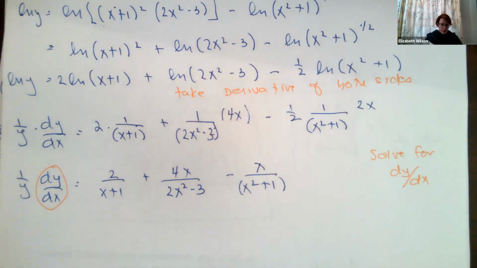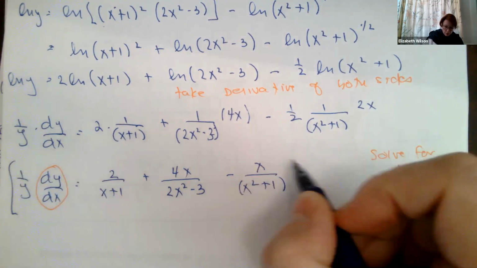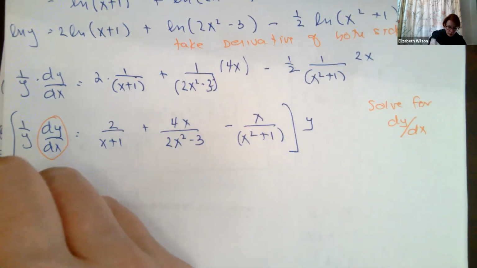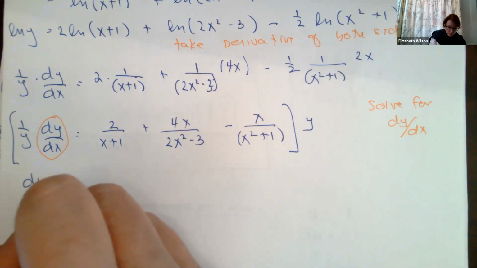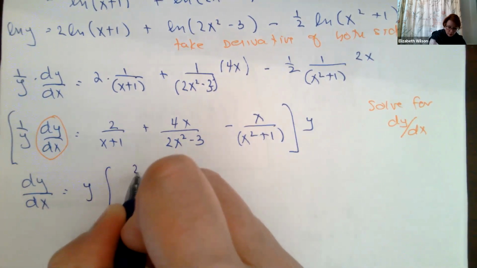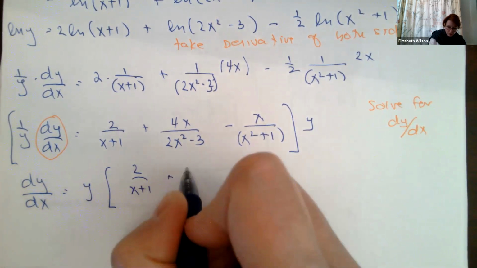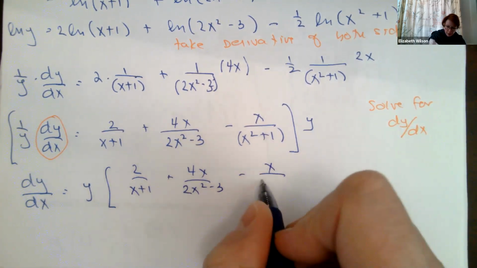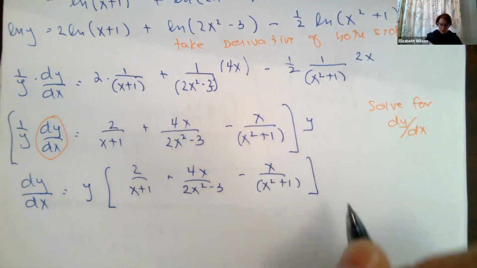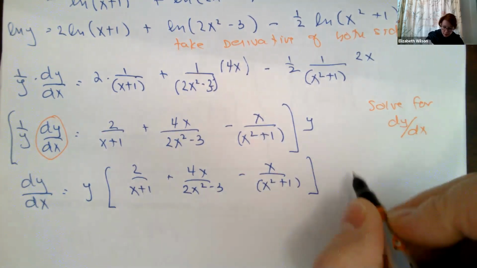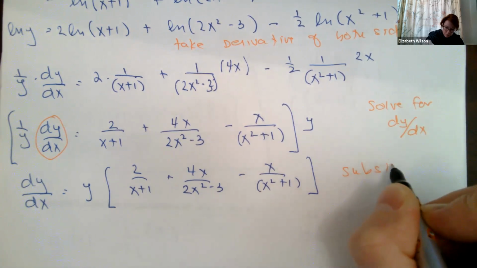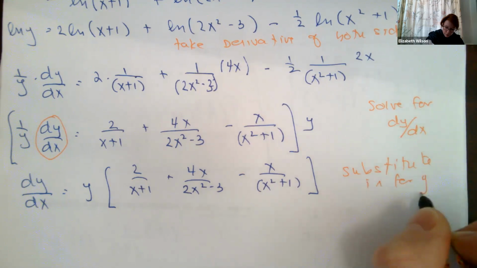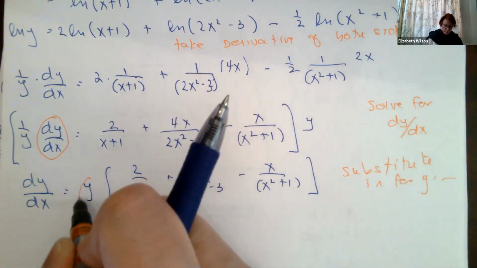Okay, I solve for dy dx by multiplying both sides by y. So let's write it out first. So dy dx equals y times (2 all over x plus 1, plus 4x over 2x squared minus 3, minus x all over x squared plus 1). And now I have to substitute back in for y. Y equals our original equation here.